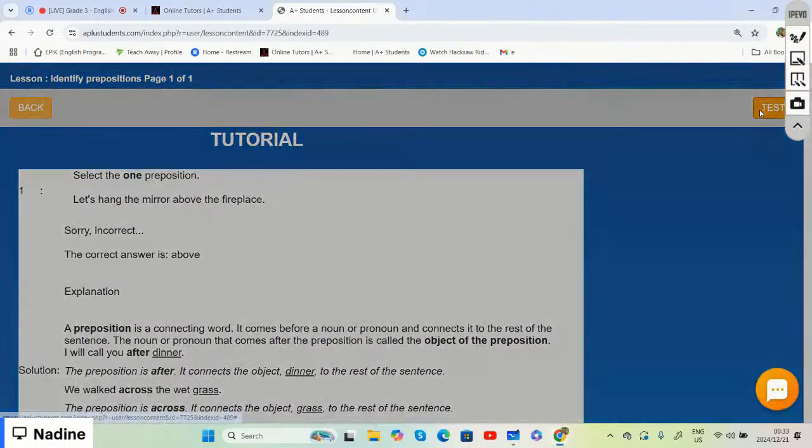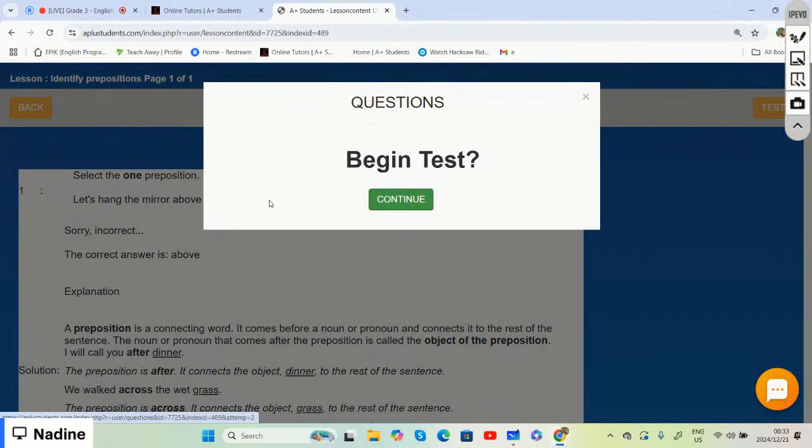All right, so now we're going on to our test where we are going to identify prepositions.